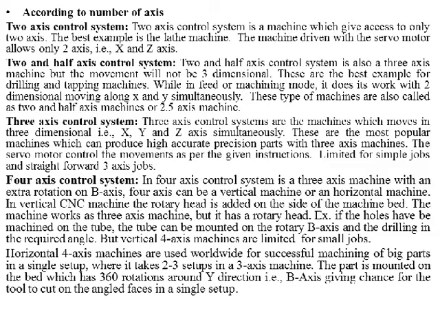The fourth classification among these is a 4-axis control system. In a 4-axis control system, as we discussed, along with the 3-axis machine, another extra rotation will be given. The rotation movement is known as B-axis.